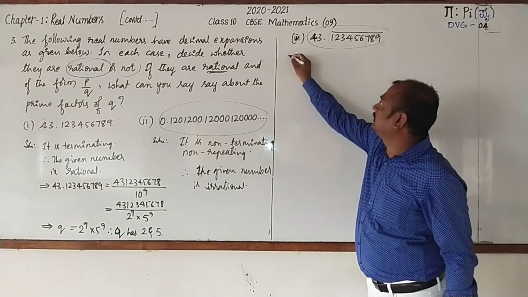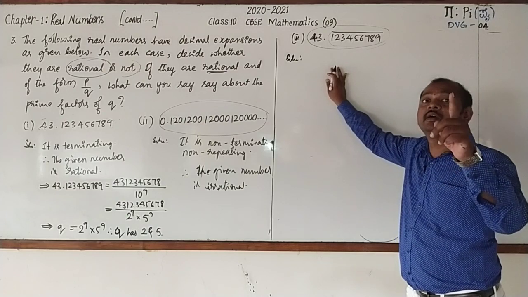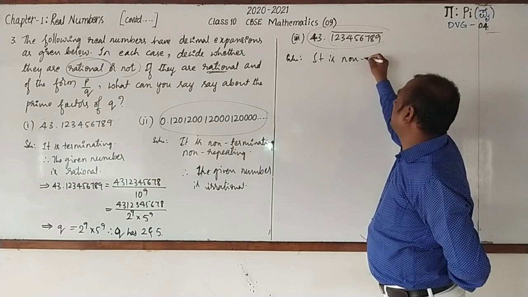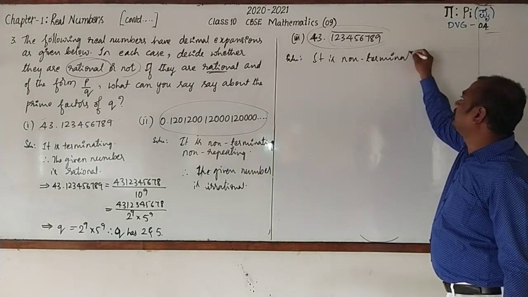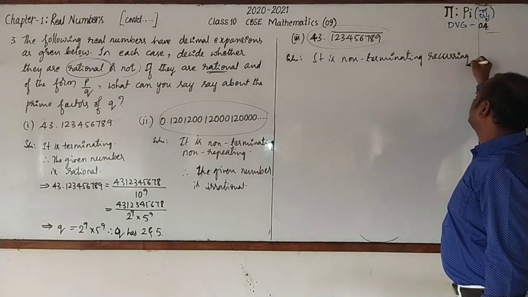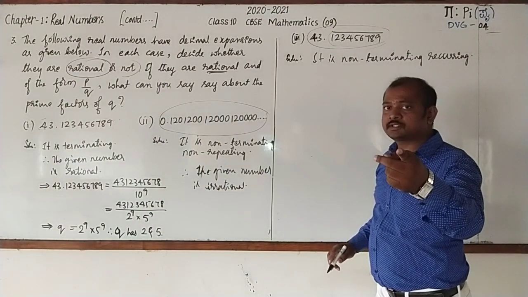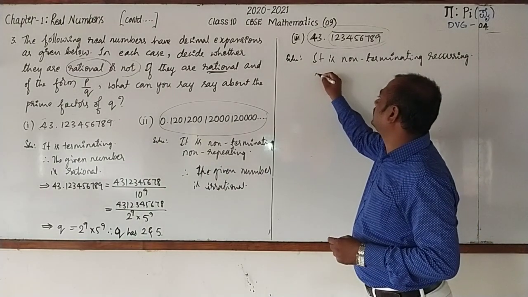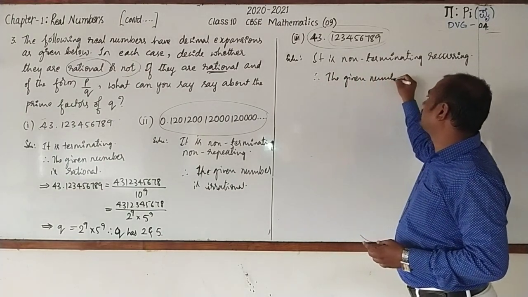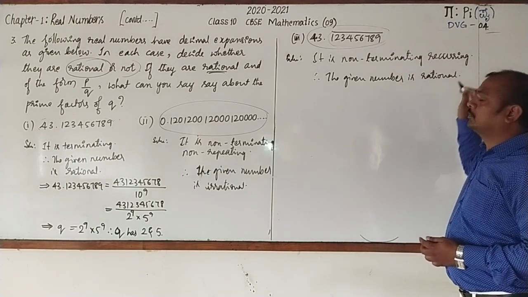We can say that it has a non-terminating recurring decimal expansion. Therefore, whether it is rational or irrational, yes, you are right. Therefore, it is rational. The given number is rational. Understood?